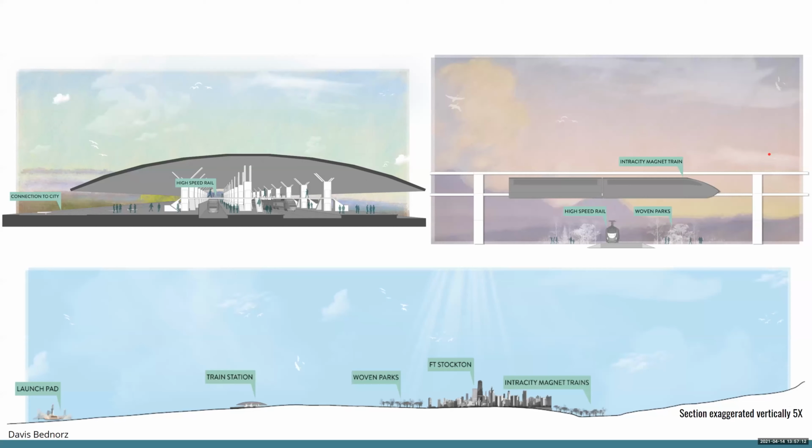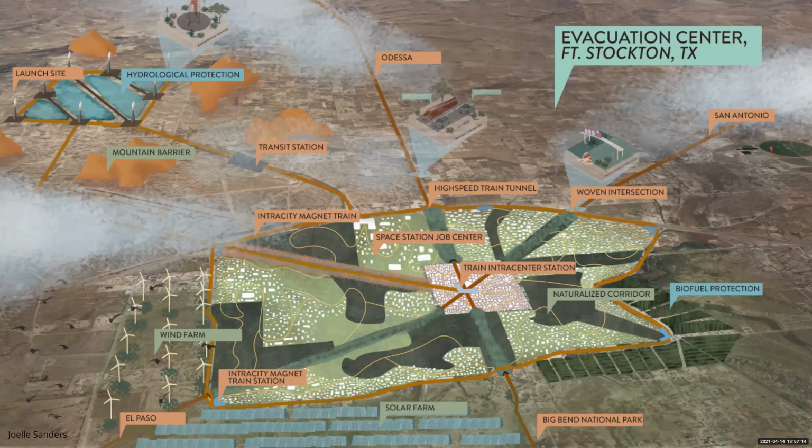So the high-speed rails will be going from these large towns through Fort Stockton, and you can see from our prototypes the woven intersection and the retrofitting, and in the top corner are launch pad sites, which are protected by mountain barriers and hydrological protection.